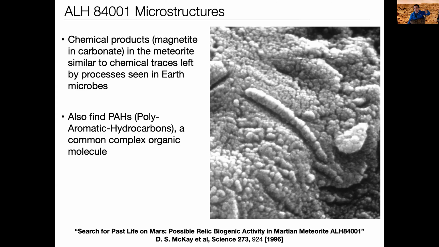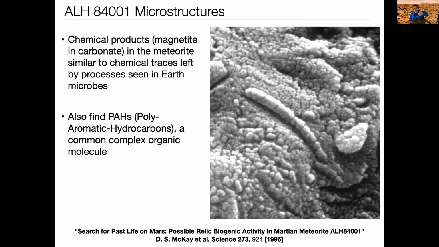Those typically show up geologically as carbonates, and in many places in carbonates, you'll see high concentrations of something called magnetite. They definitely see that in the Allen Hills meteorite. Another example is you will see very complex hydrocarbons. There's a class of hydrocarbons that we'll talk about a little bit later in the quarter called polyaromatic hydrocarbons. Those are PAHs. They're complex, long chain hydrocarbons, and they see those in the meteorite as well.